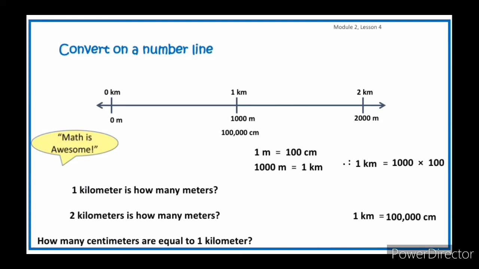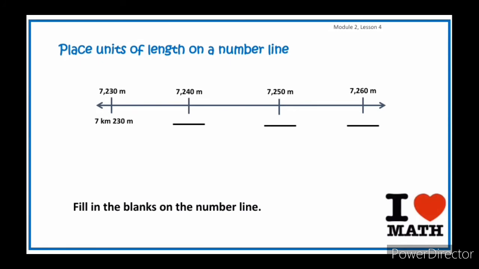So just by knowing the relationship, remembering the relationship, relating it to your place value, it makes conversions very easy. Okay, now we have here 7,330 meters to be converted. The first one has been converted, so we have 7 kilometers 230 meters. Now I want you to do the rest very fast in your mathematics notebook first. 7,240 meters will give us what?